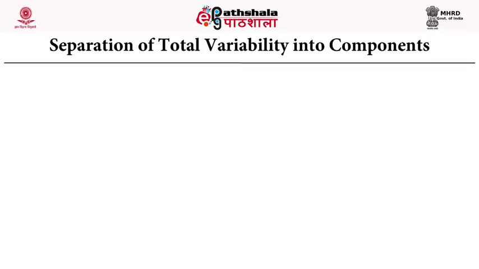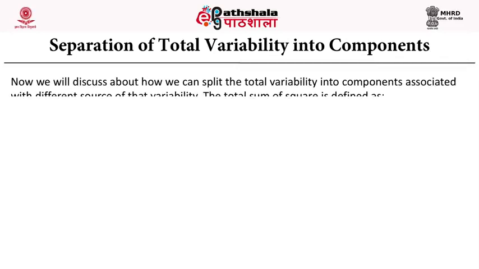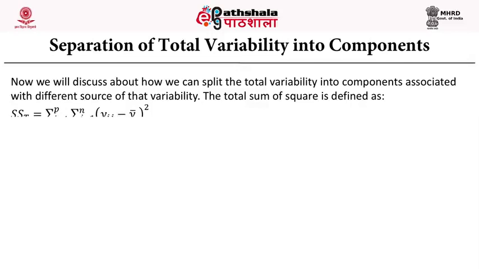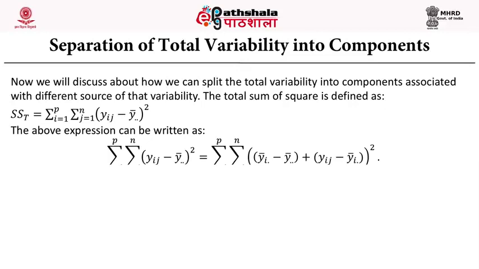Now we will discuss how we can separate the total variability into components. In this section, we see how we can split the total variability into components associated with different sources of that variability. The total sum of squares, SST, is defined as the double summation of (y_ij − ȳ..)², and the summation is over i and j.